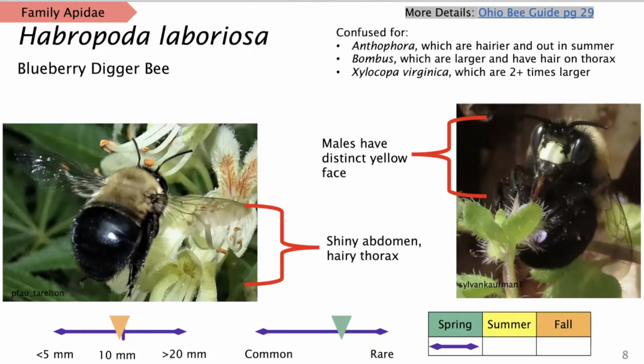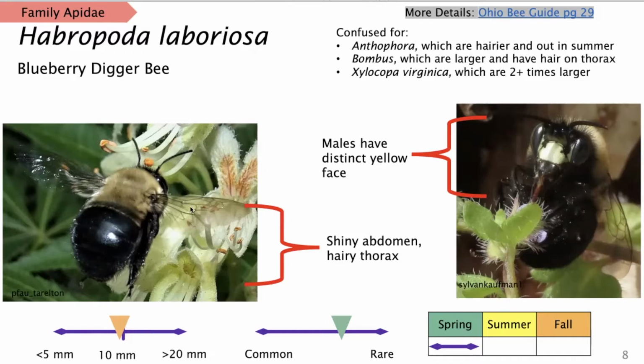But I just wanted to show it to you today, but I don't think we have a single observation in Shutterbee, simply because it's very much only a spring bee, and we're not planning on starting Shutterbee earlier than we do. But if you're out taking photos in your yard earlier in the year just for fun, especially if you have a blueberry plant, you might see this bee. But just keep in mind that this bee is only out early in the spring.